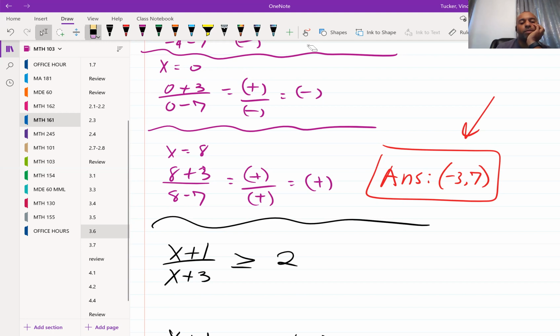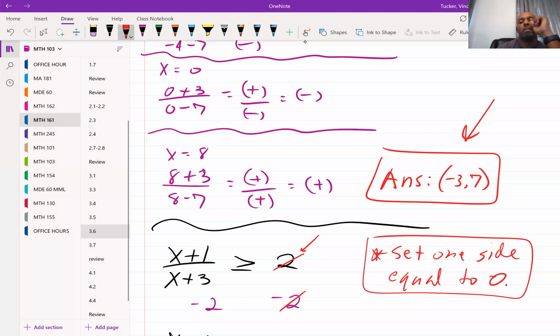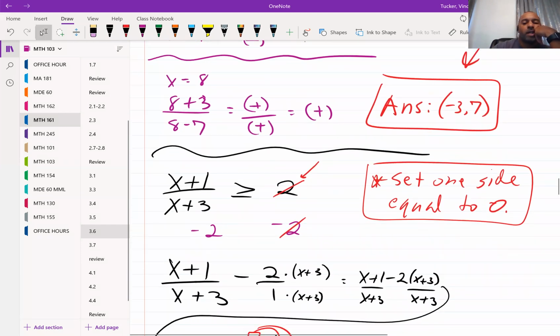Next one, we have x plus 1 over x plus 3 greater than or equal to 2. Just like before, you want to set one side equal to 0. So we're going to subtract 2 from both sides. All right, so got to be careful here.